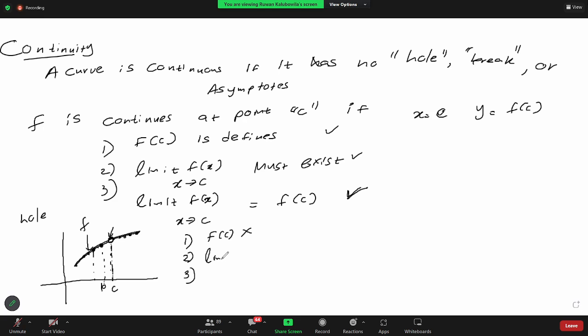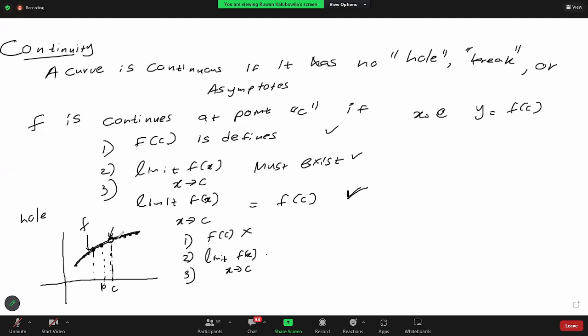The limit of f(x). Now tell me, the limit of f(x) when x approaches C, does this exist or not? Please tell me.